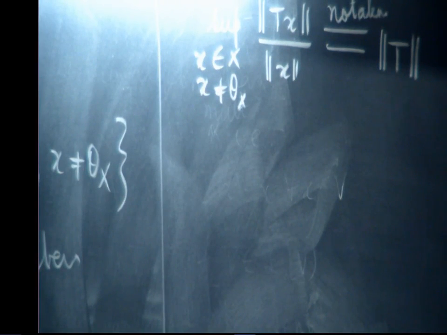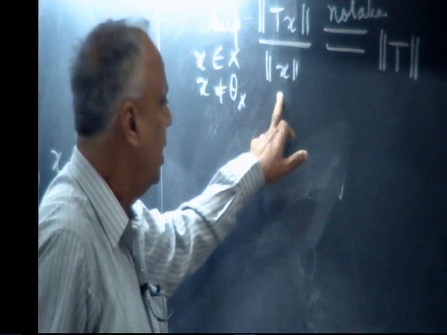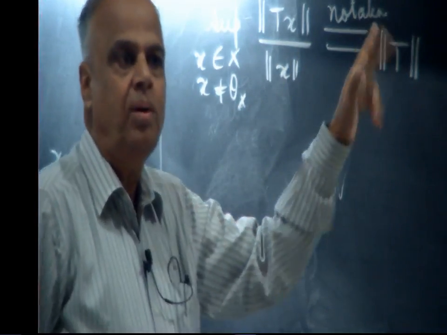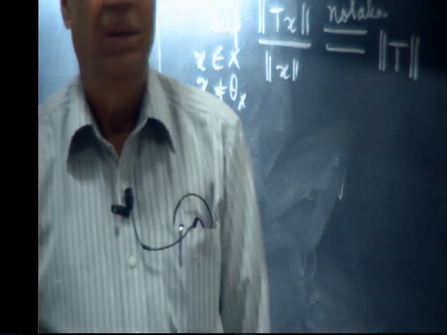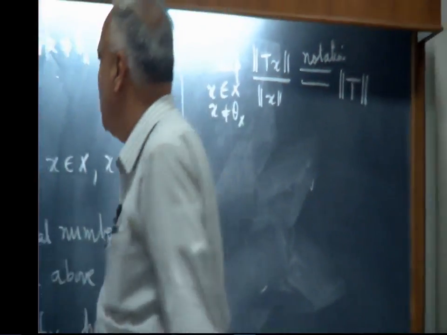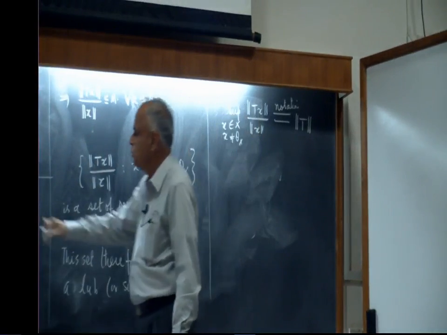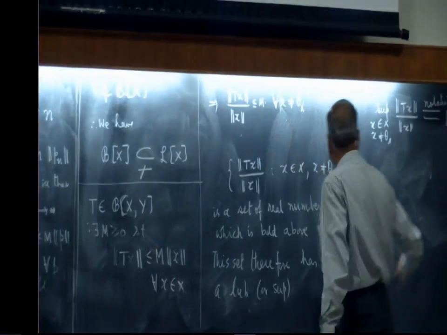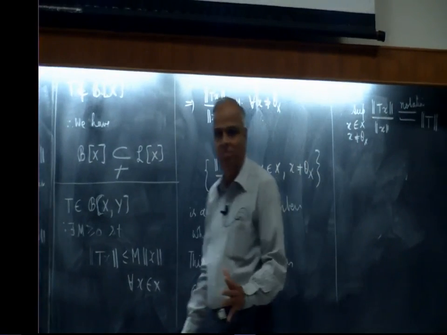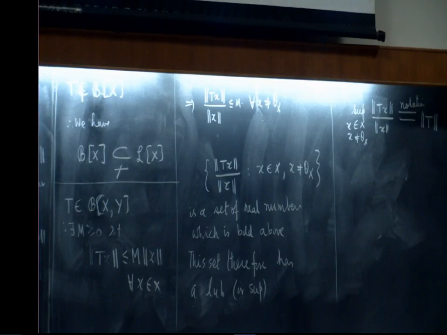See, that number involves everything. That number involves the denominator. What norm are we talking about? The norm in the space X. The numerator involves the norm in the space Y, and it also involves the transformation T. So it involves both the spaces, both the norms and the transformation.